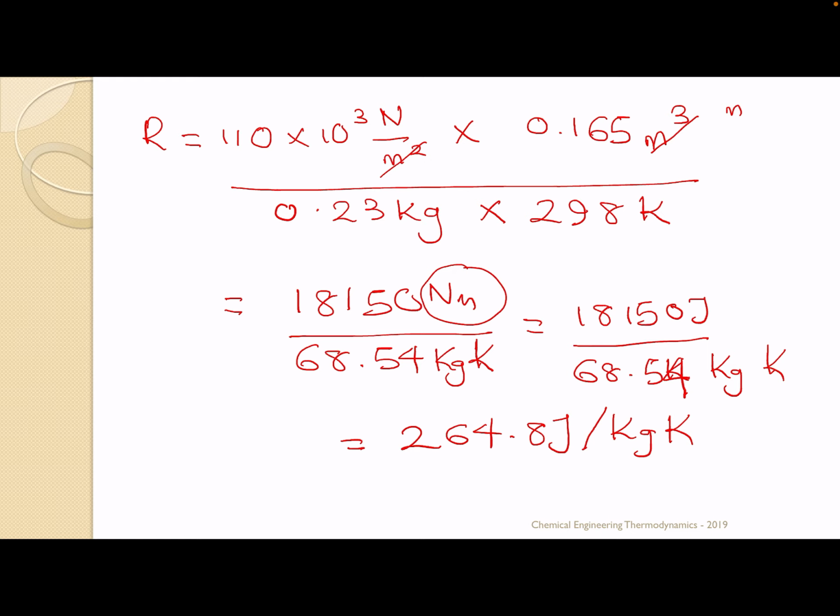This can also be rewritten as 0.265 kilojoules per kilogram Kelvin. Kilojoules per kilogram Kelvin. So that is our answer.